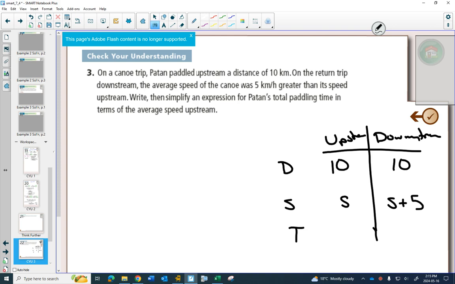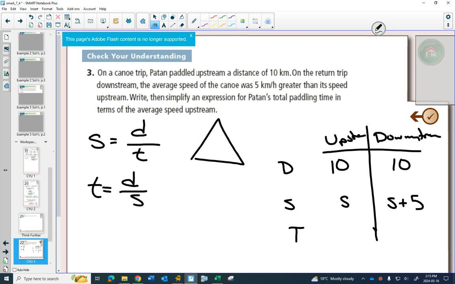You're usually traveling in kilometers per hour. Your speed is always measured as a distance divided by a time. And with this, you can rearrange this formula and say, if I multiply by time and divide by speed, I have distance.